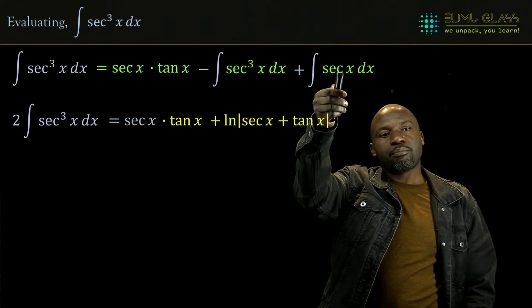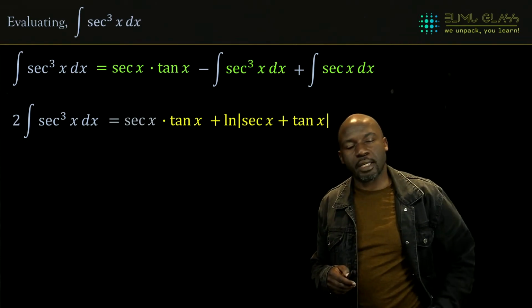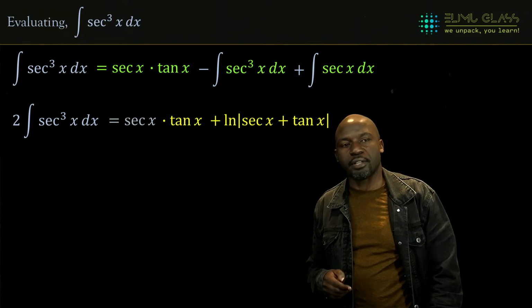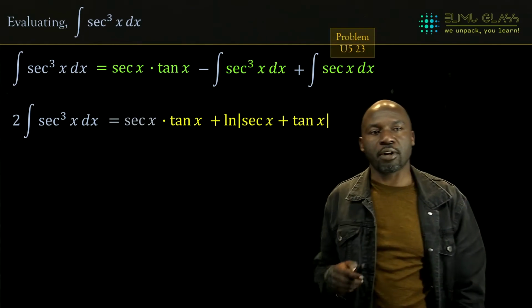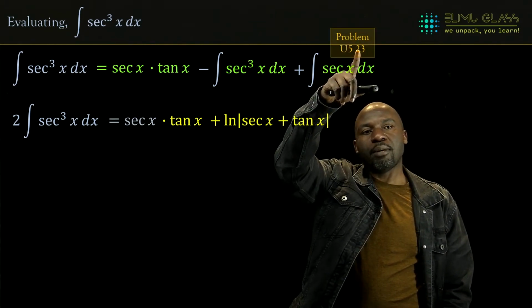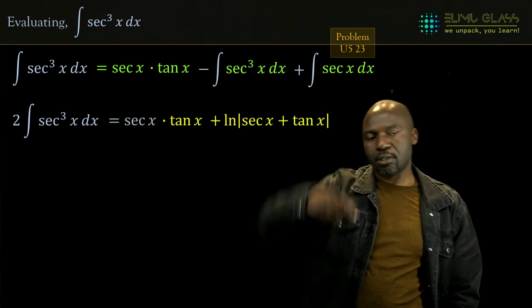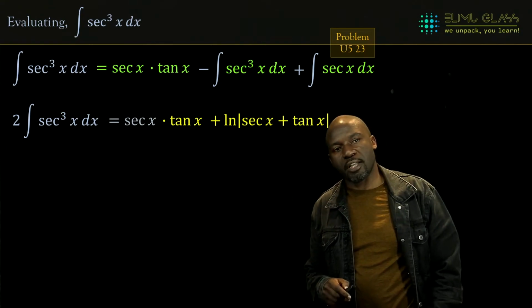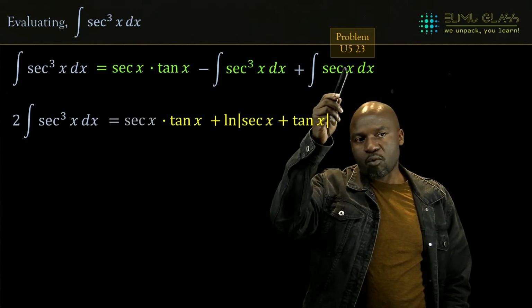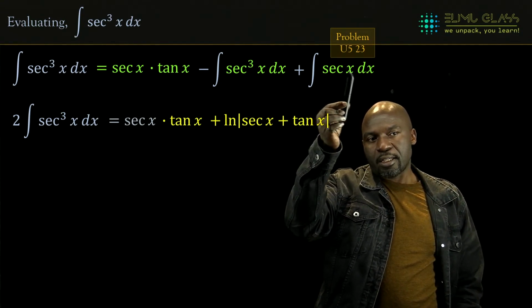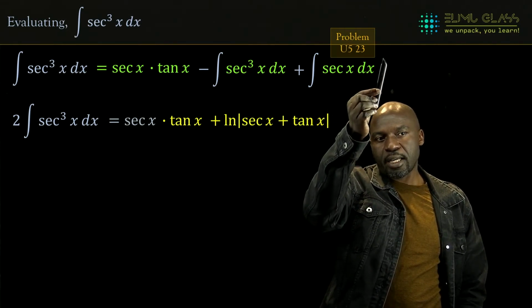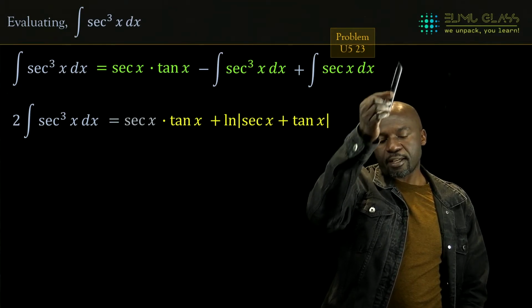Now this problem here, we've already solved it. I think it was problem number U523, if I'm not wrong. Yes, that's correct. So this is problem U523 in this series. So just go and take a look and see how we integrated that. We used backward reasoning and decided to multiply and divide by sec x plus tan x, right?